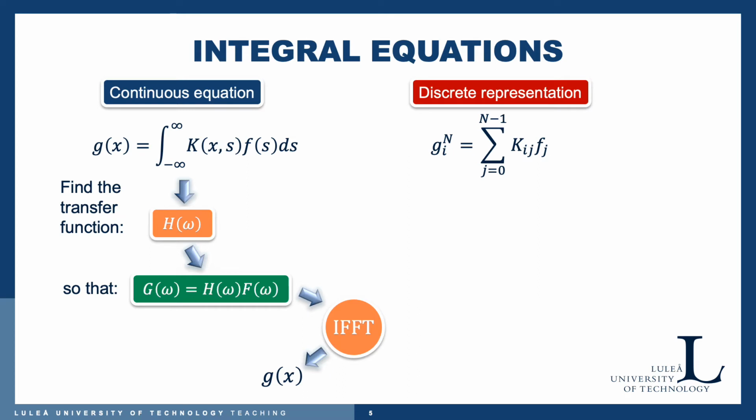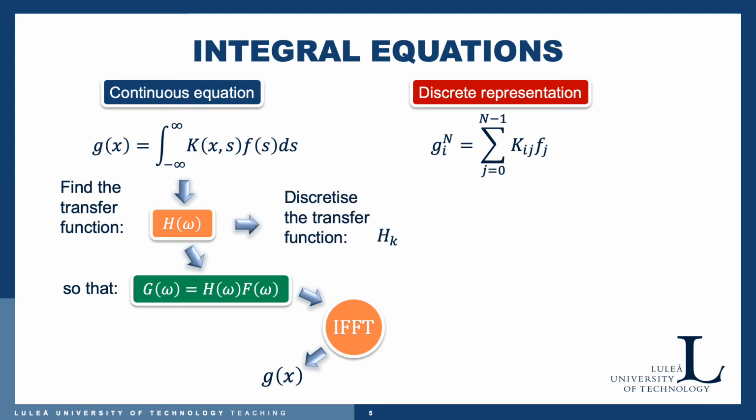Here it will be a little bit more concrete. If we take g and its discrete representation, g_i, so we have discretized g on n nodes, then we can represent this in summation form by just summing the values of the kernel K_ij with f_j, from j equals 0 to n minus 1, to obtain our result g_i.